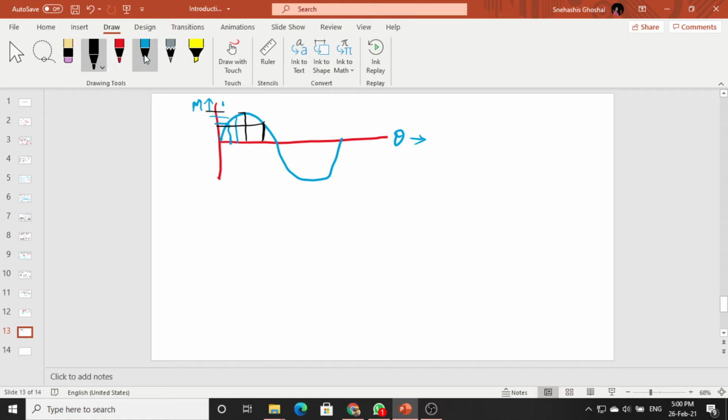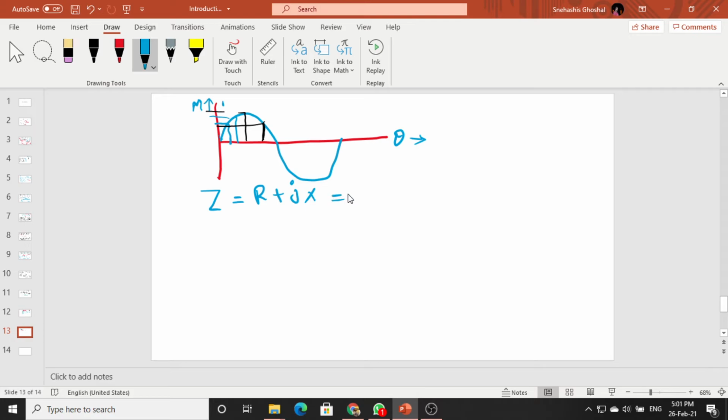Now, a few slides back, I have given that Z equal to R plus jX.